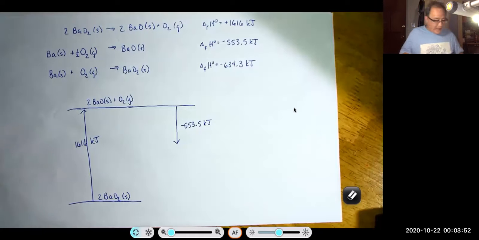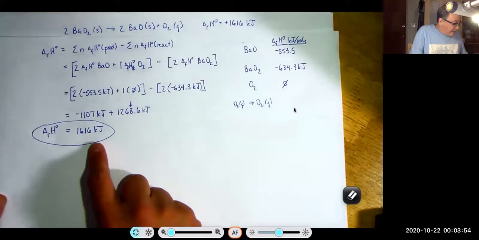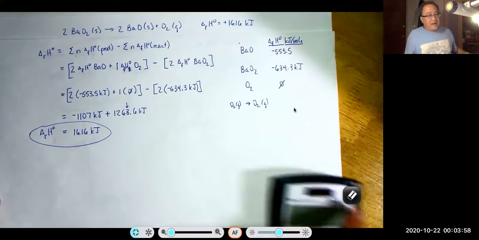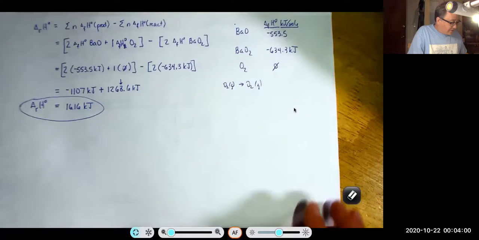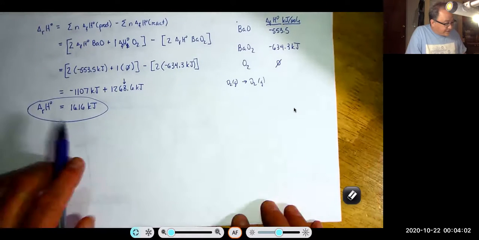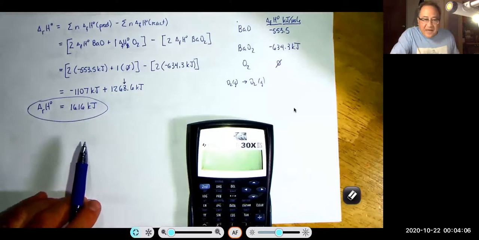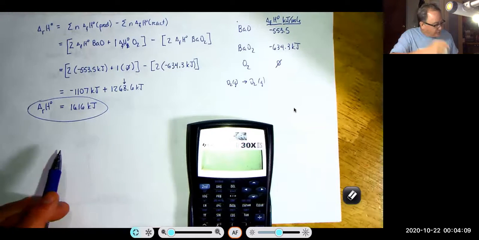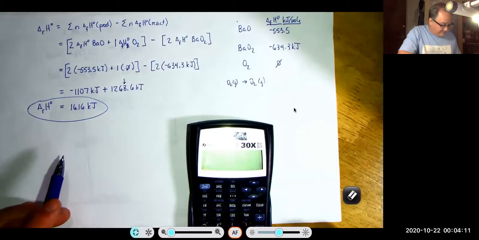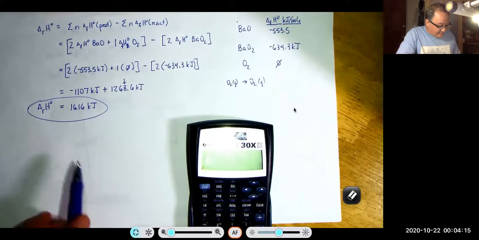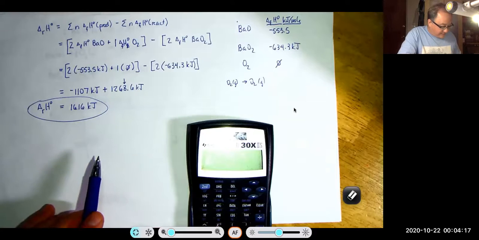Oh, and I think I have the wrong number here. Now that I think about it, we got to back it all up. So here, I didn't do this correctly. See, this is what happens when you don't use your mind and estimate. So I'm going to clear this, turn it on, and I'm going to put negative 1107.